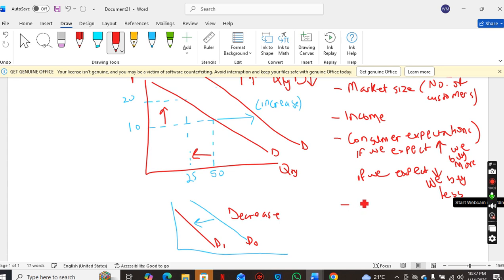The next one, advertising. The more you spread the word about your good or your service, the more people will be aware of that good and service. Okay, and they'll be willing now to try your product or your service. And as more people are now willing to try your product or your service, demand for your product is going to go up.